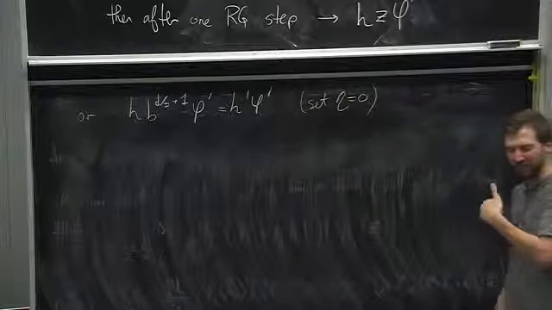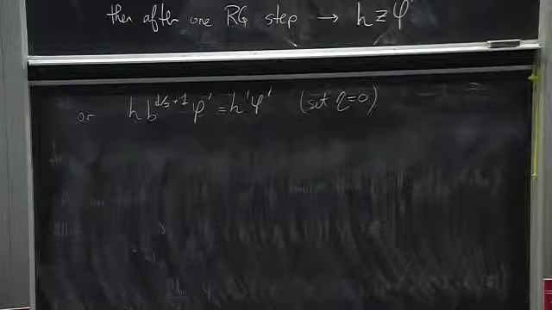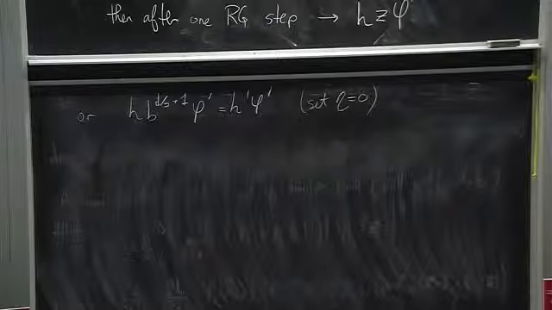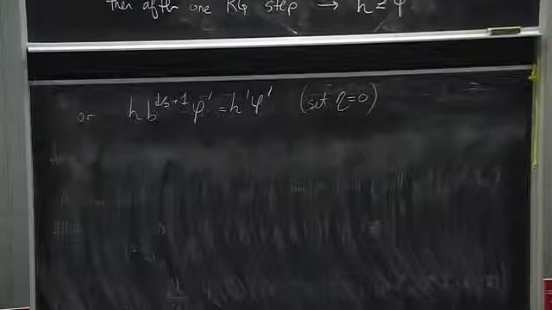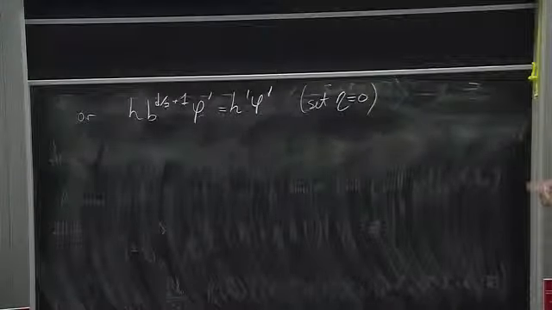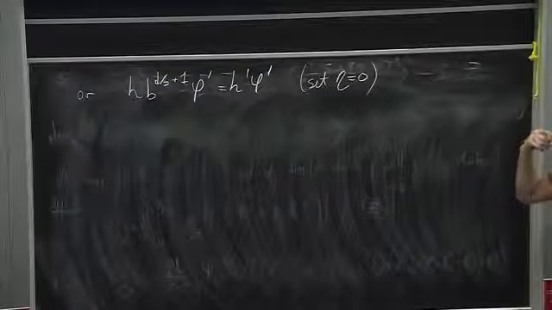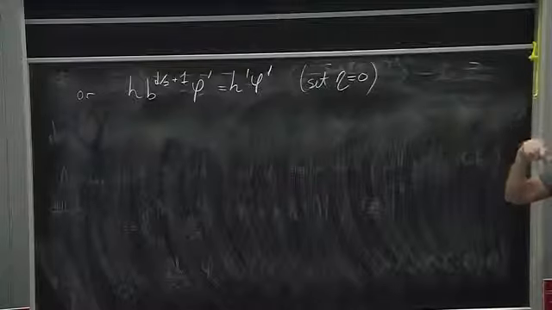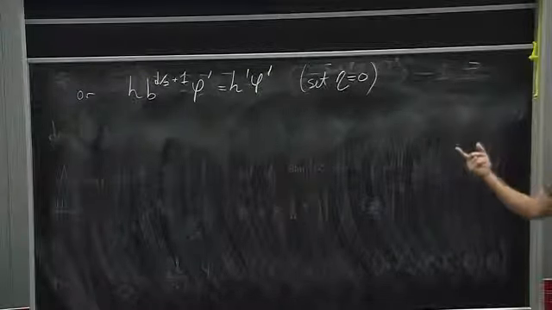That defines h prime, and I've set the anomalous dimension to 0. Are there any b to the minus d's or b to the d's coming from integrals for the field? When we were Gaussian, with this phi squared term, we had a b to the minus d in that case. But if there's a field raised to the power p, then there are p minus 1 integrals, so that's all you get in this case.